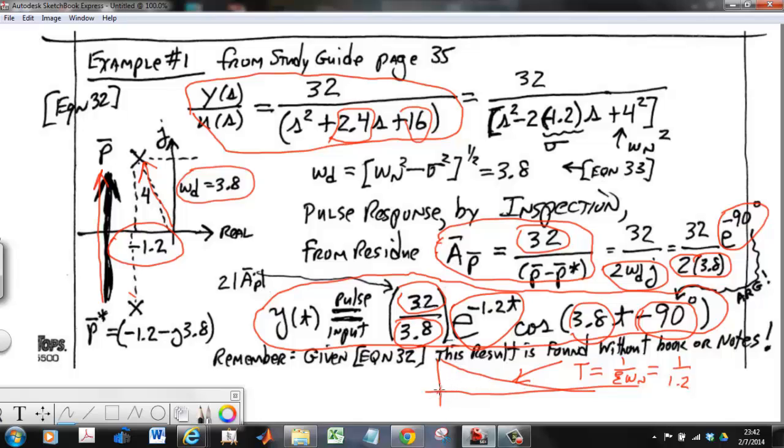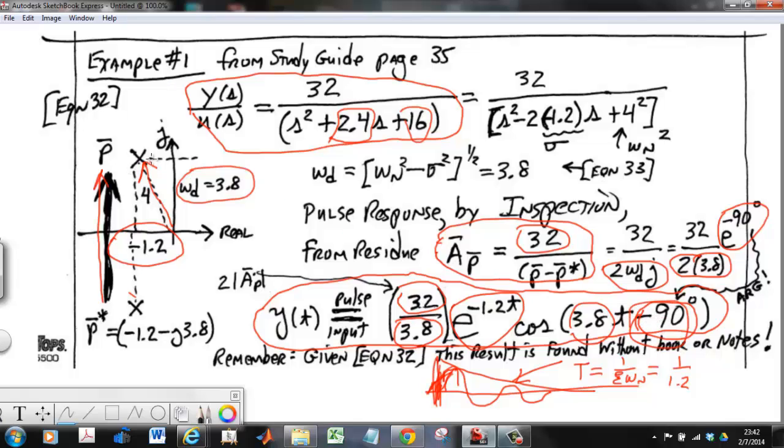Inside that envelope, the system will oscillate at 3.8 radians per second, and there'll be a phase loss at the start of it, so it'll actually start out at a different value. The phase loss will come from this 90 degrees here.